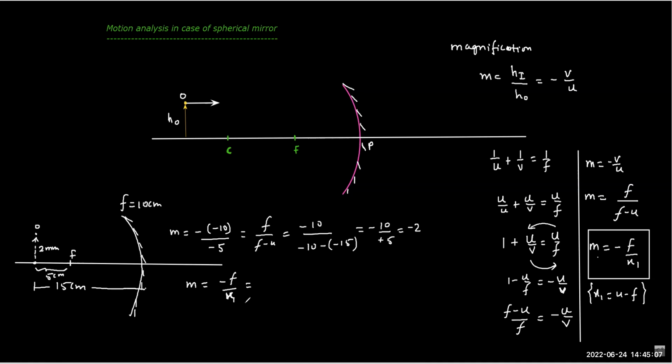And x1 by definition is u minus f, which is like finding the distance and taking the sign. And how to take the sign is again simple. If u is less than f, it will become automatically positive. So in a way, you can say if it is on the right side, it's positive, left side, it's negative.